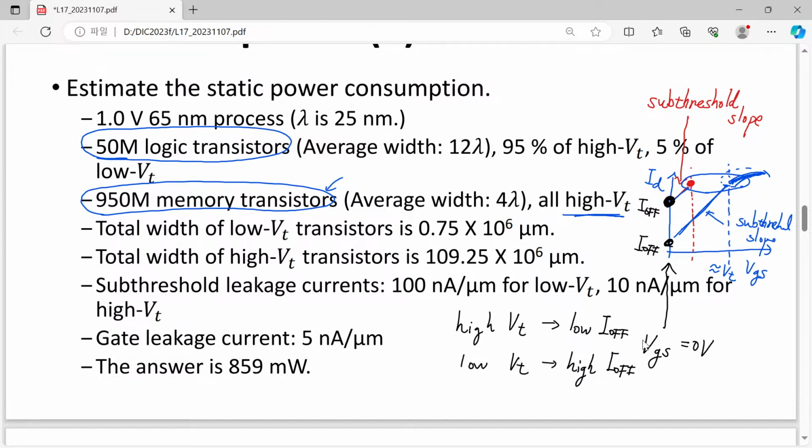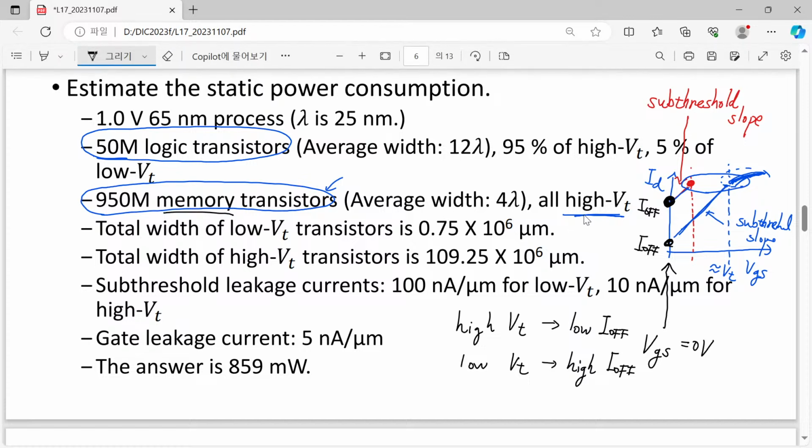Once you understand this, let's revisit our example once again. Now 85% of our transistors are assigned to memory operation, and they all have high VT in this example. Then what does it mean? They do not spend much leakage current.